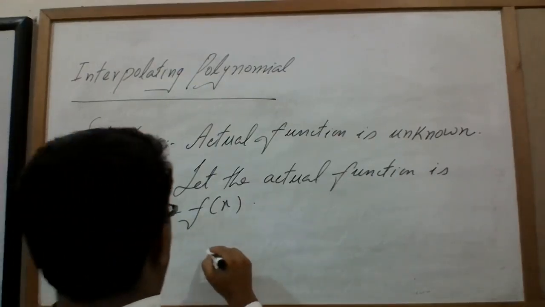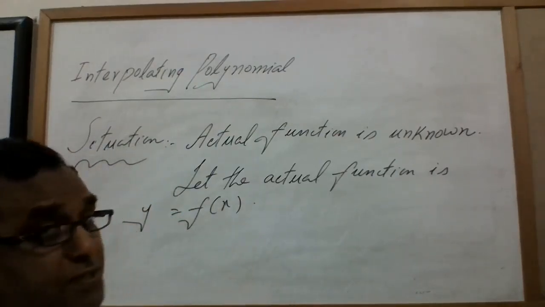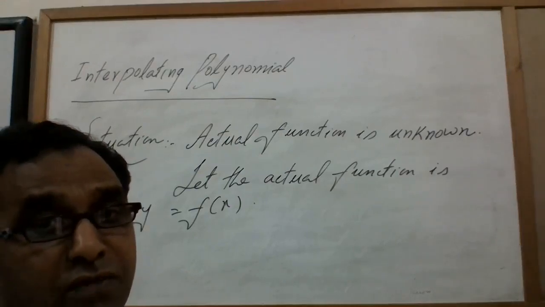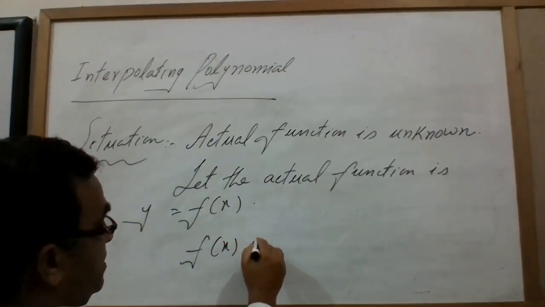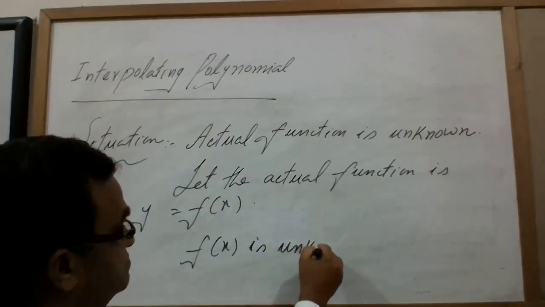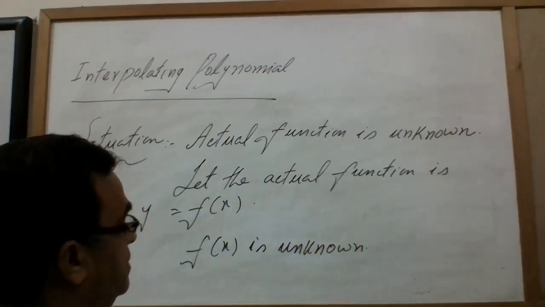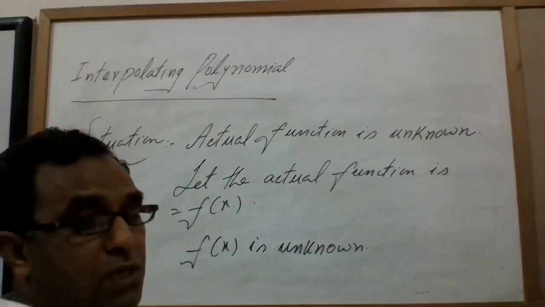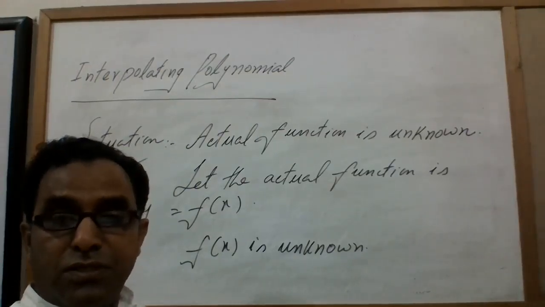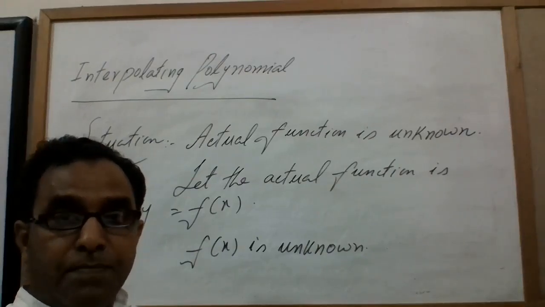Because f of x is not given, means f of x is unknown, the purpose is to approximate this unknown function in a certain way.